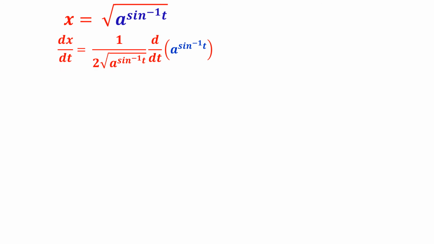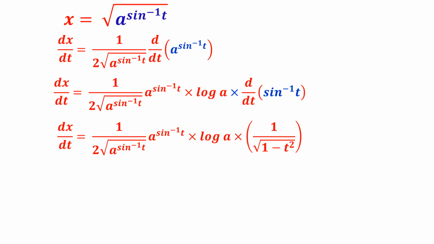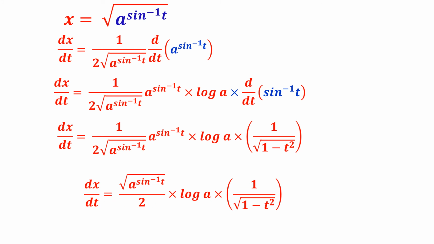x is given. dx by dt is 1 upon 2 times square root into d by dt of whatever is inside the square root, by making use of the chain rule. Once again, differentiation of a power something is a power sin inverse t into log a into differentiation of sin inverse t. What is the differentiation of sin inverse t? It is 1 upon root 1 minus t square. Once again, a power sin inverse t in the numerator and square root of a power sin inverse t in the denominator will get cancelled.